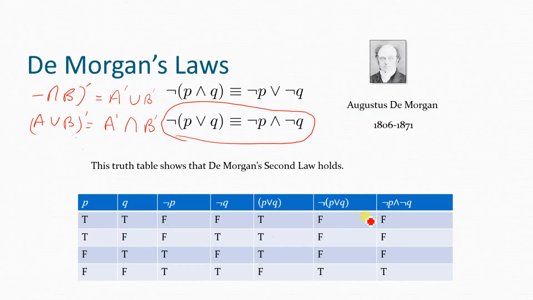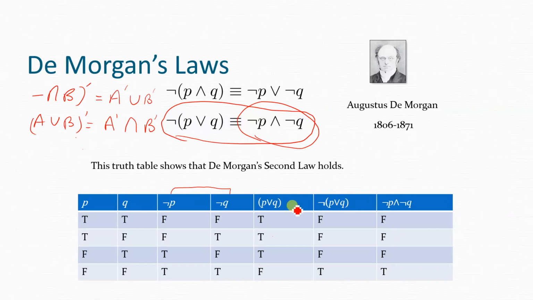Now the last column is dedicated to the right side of this equivalence. The right side of this equivalence is the compound proposition negation P and negation Q. So we have to take the conjunction of these two columns.